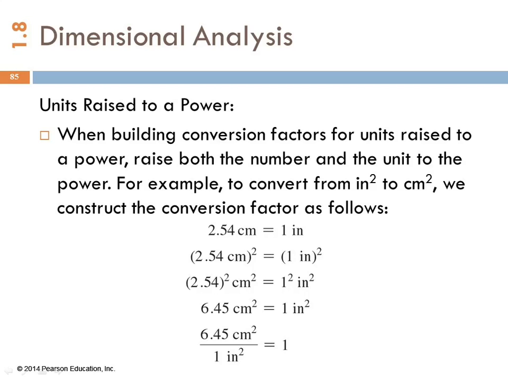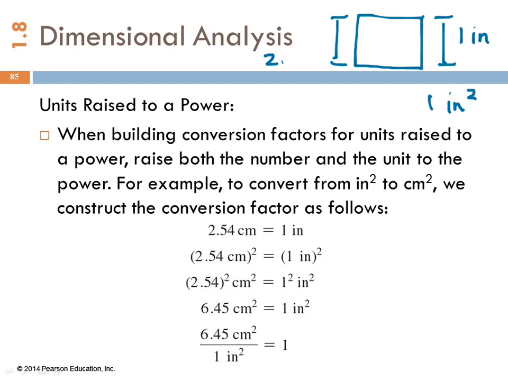Here's a box. Okay, and this is a square, and it is 1 inch on each side. So the area then is 1 square inch, right? We can also measure this as 2.54 centimeters, same length, right?